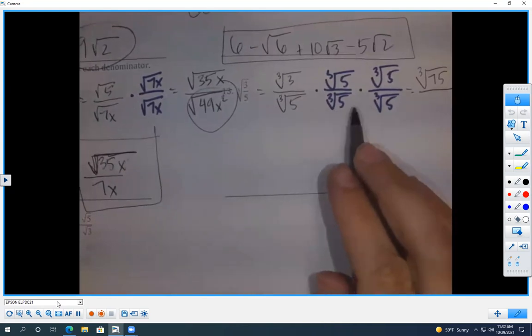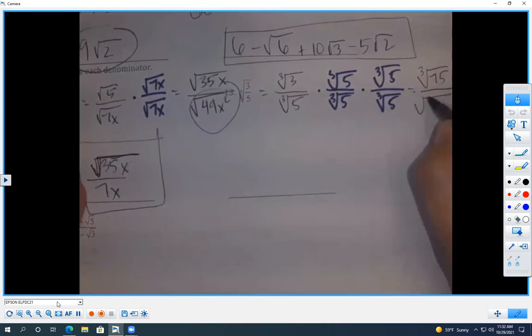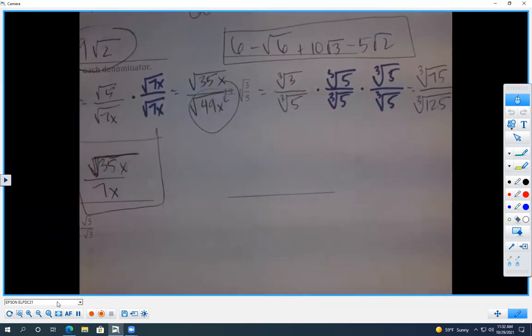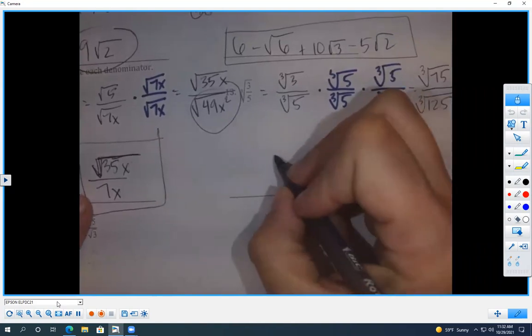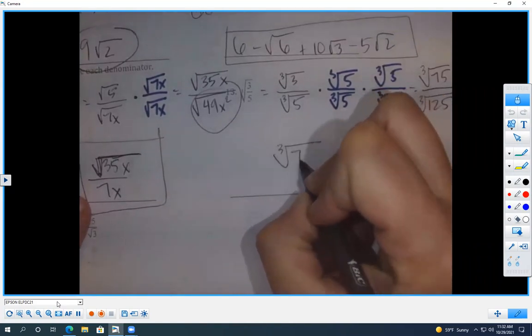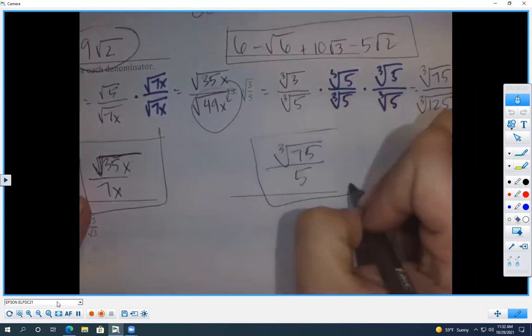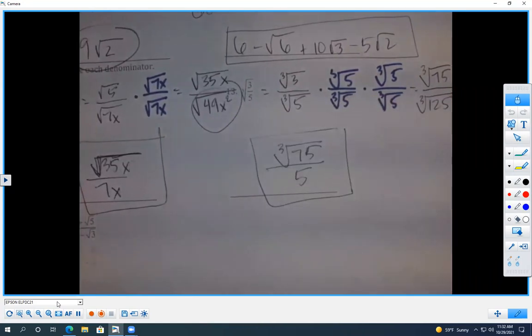The cube root of 5 times 5 times 5 is cube root of 125. And what is the cube root of 125? 5. So this becomes the cube root of 75 on top over 5 on bottom. And that's your answer. Questions about that?